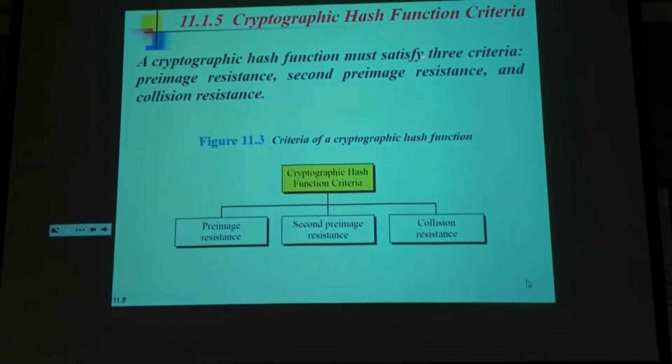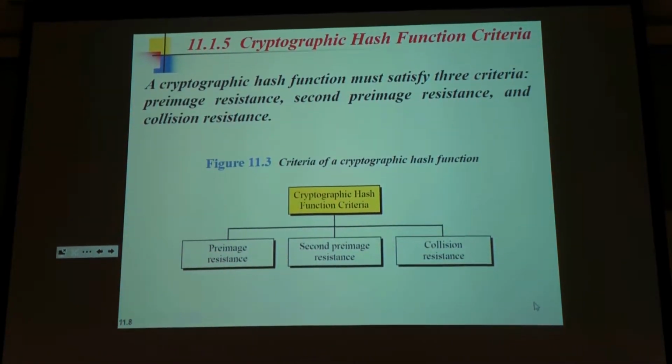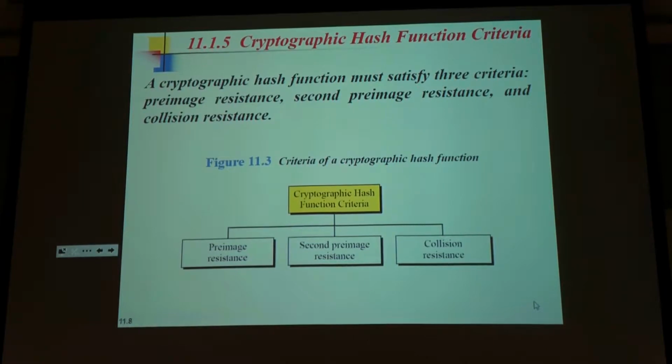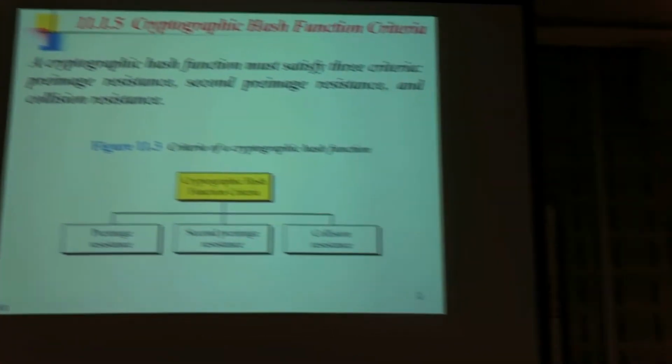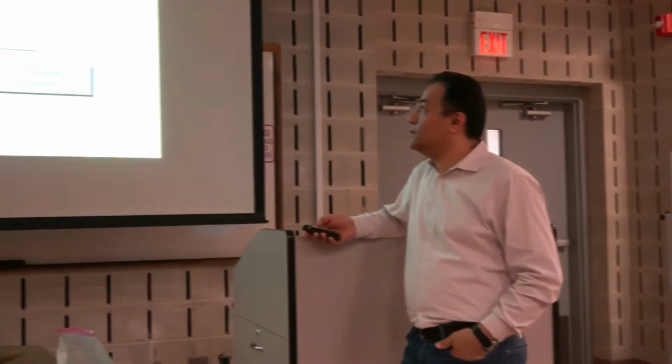So a cryptographic hash function must satisfy 3 criteria: preimage resistance, second preimage resistance, and collision resistance. I'm going to explain each. So these are the cryptographic hash function criteria. How many? 3. Preimage resistance, second preimage resistance, collision resistance. All right.